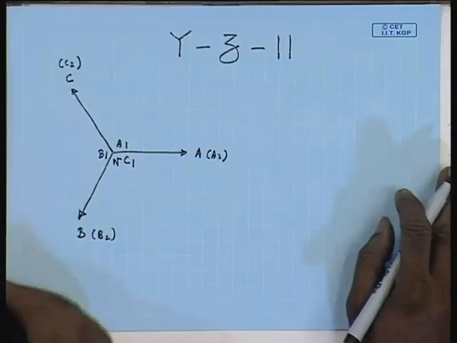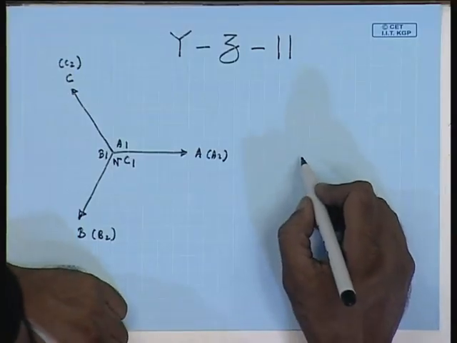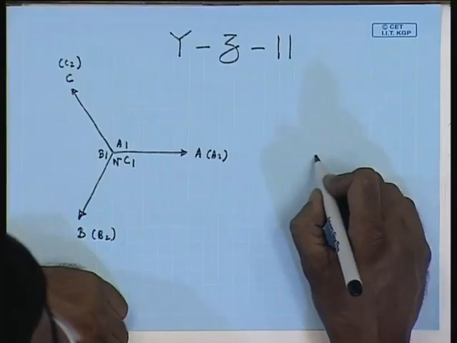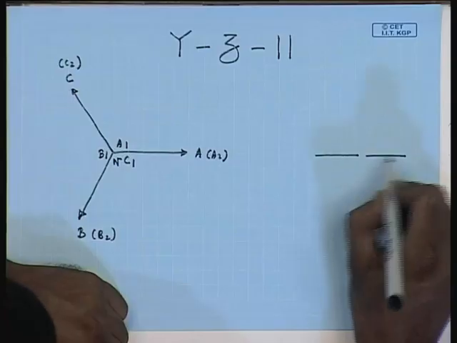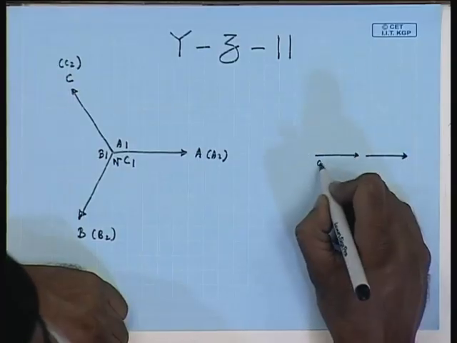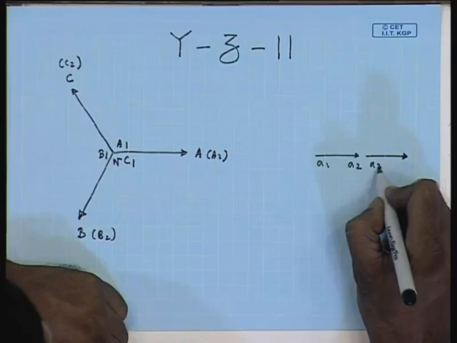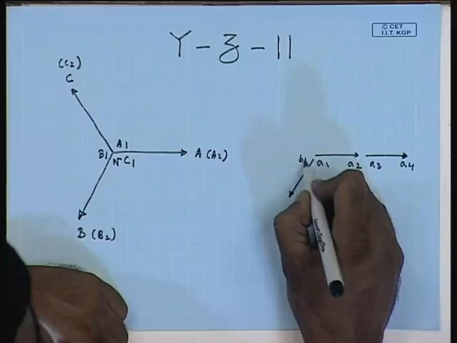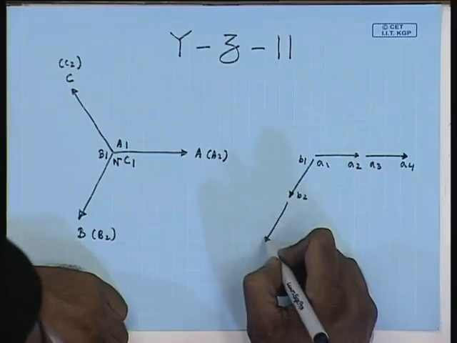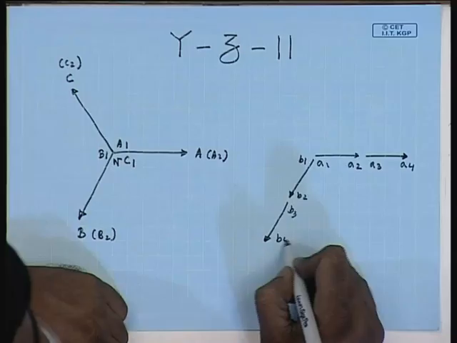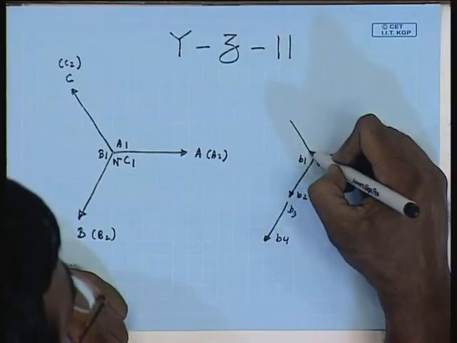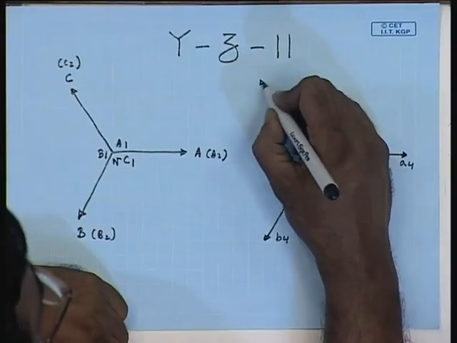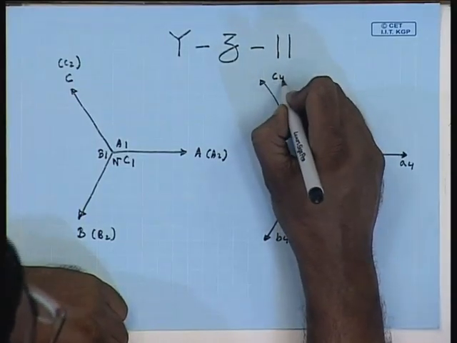On the low voltage side again we have 6 phasors: A1, A2, A3, A4, B1, B2, B3, B4, C1, C2, C3, C4.